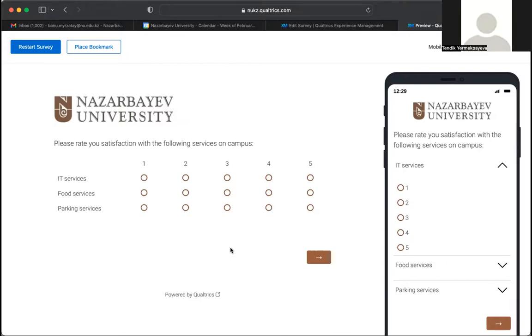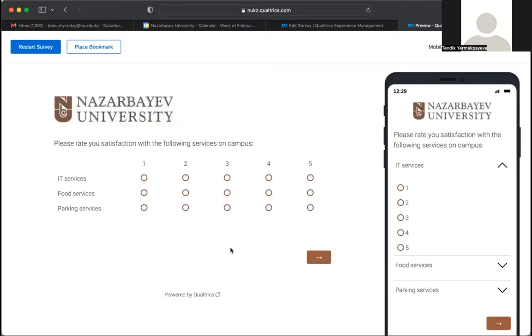May I also comment? I'm sorry, but I'm looking at this as a person for whom this question is meant. I'm thinking, IT services, there are different kinds of services here. IT is information services, like technical, my computer does not work and so on.